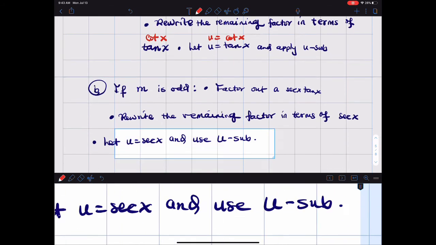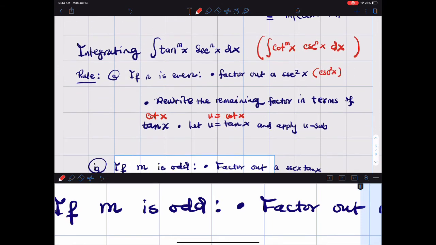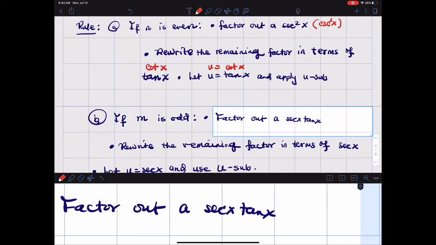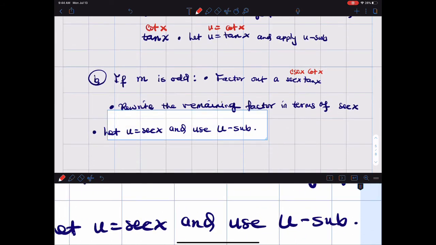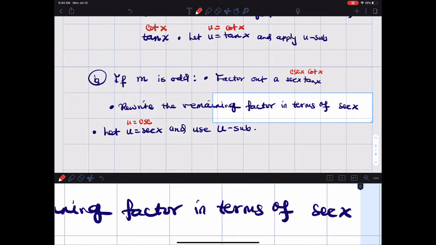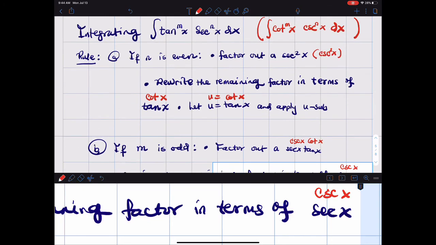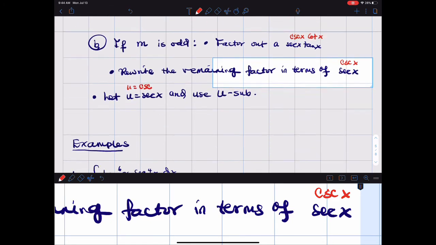Same thing. And when m is odd, m is the power of cotangent, you factor out a cosecant of x, cotangent of x, and you let u be equal to cosecant, and then you use substitution. First of all, you have to write in terms of cosecant of x. So that's what we're going to do now.